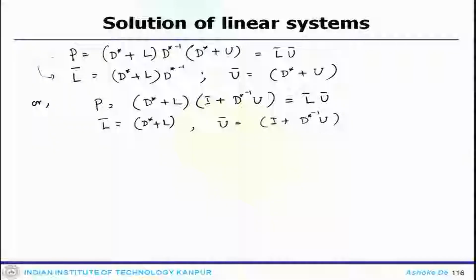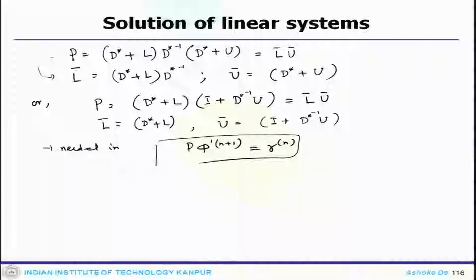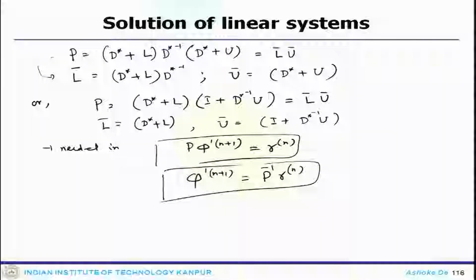Now, where will they be needed? They are needed in this equation where P phi prime n plus 1 is r to the power n. So, that is the correction matrix where the correction field is obtained as P inverse r to the power n, and these corrections are used to update the solution.